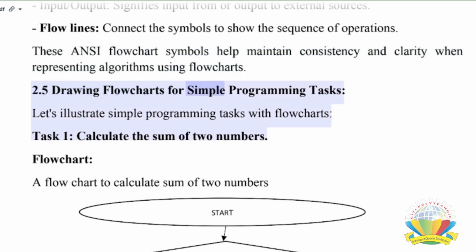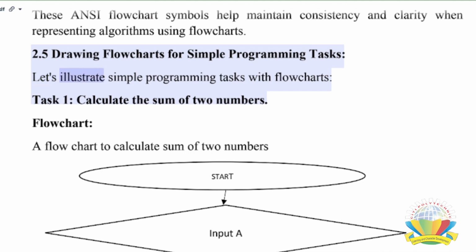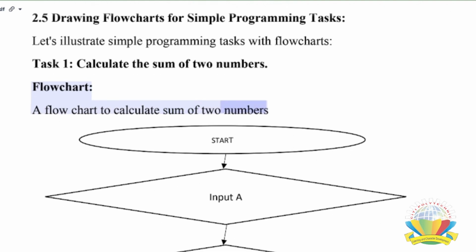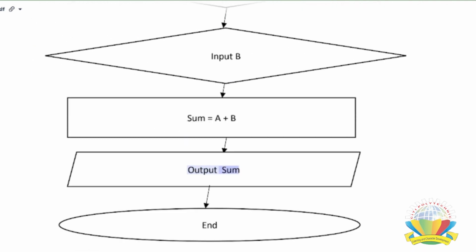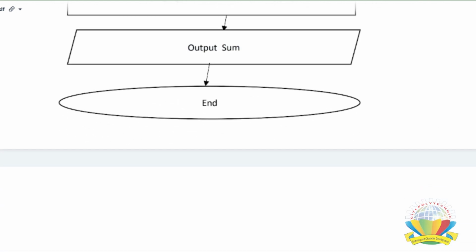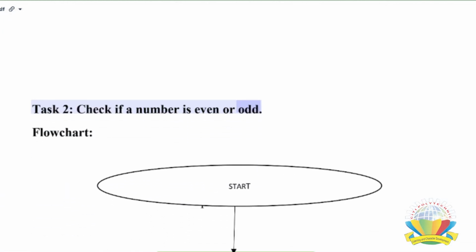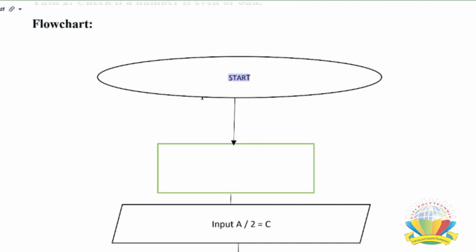2.5 Drawing flowcharts for simple programming tasks. Let's illustrate simple programming tasks with flowcharts. Task 1. Calculate the sum of two numbers. Flowchart. Start. Input A, input B, sum equals A plus B, output sum. Task 2. Check if a number is even or odd. Flowchart. Start.